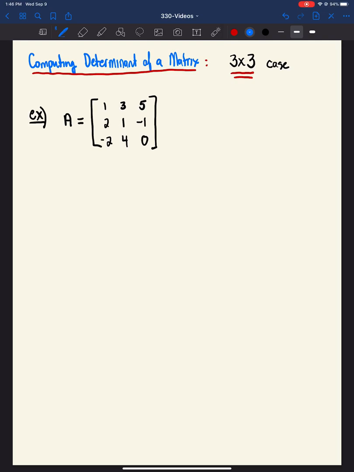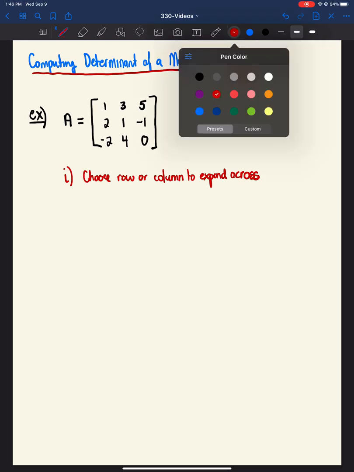So the first thing we get to do is choose a row or column in which to expand across. Now in this case, I'm just going to take the first row.